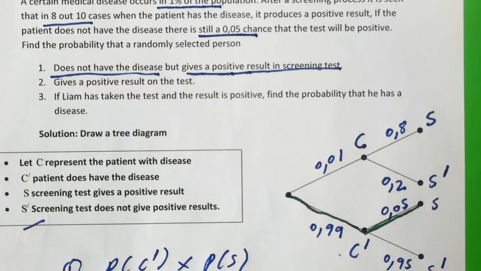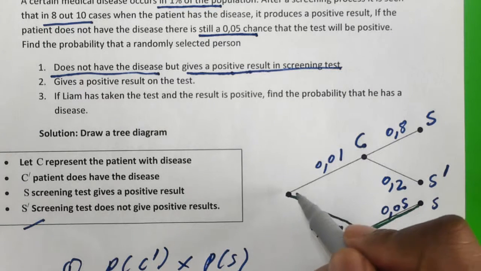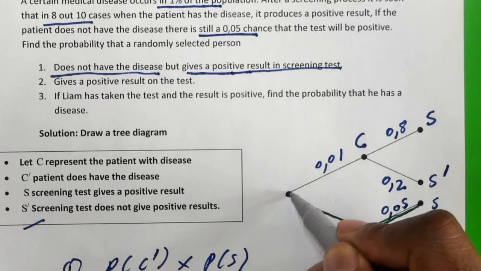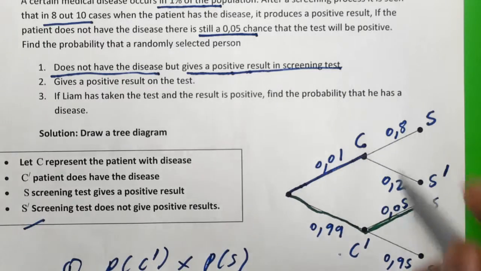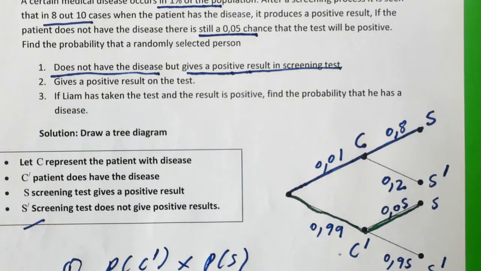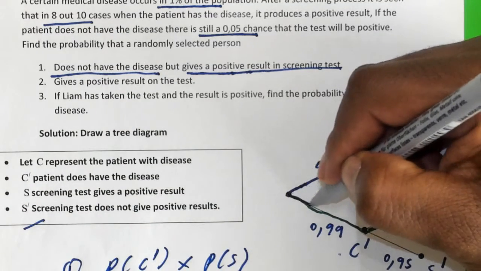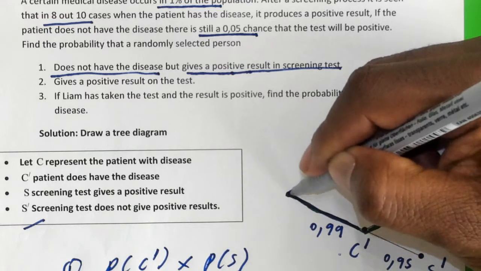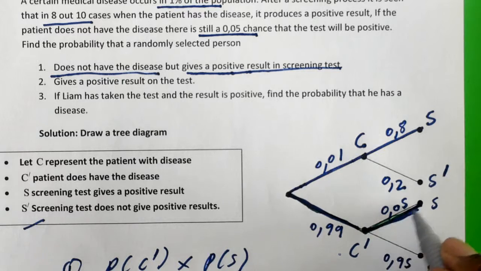So a positive result on the test, guys, what we have to do here is, to get a positive result is, that branch to there. Do we have something else? Yes, positive result, I can be, probability of not getting a disease, but if I go for screening, I can get a positive result. Can you see, guys?